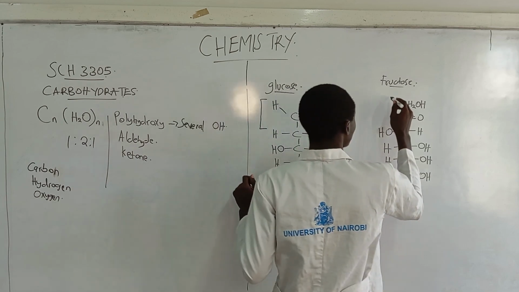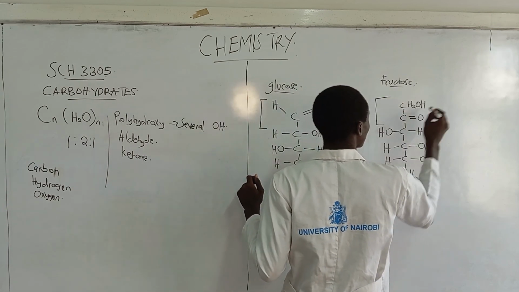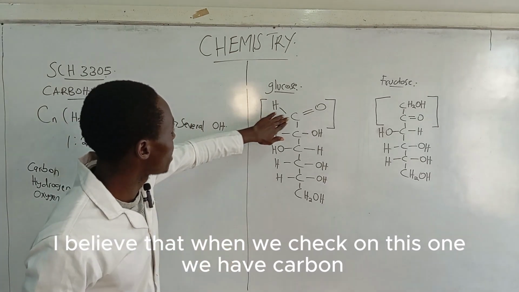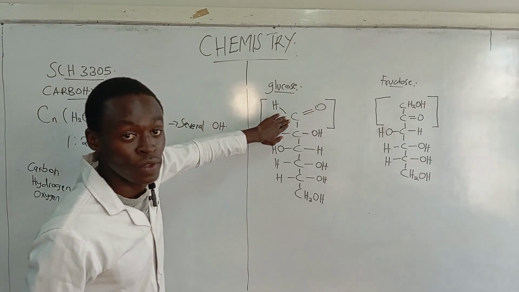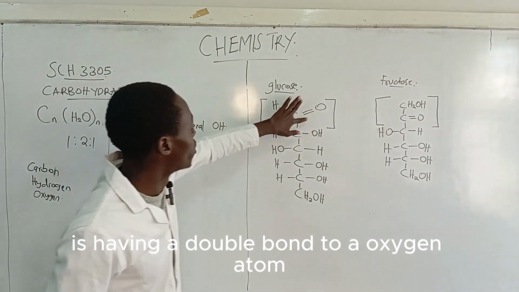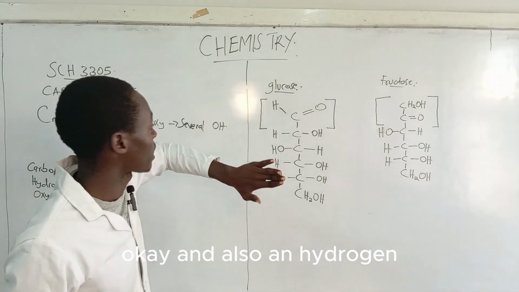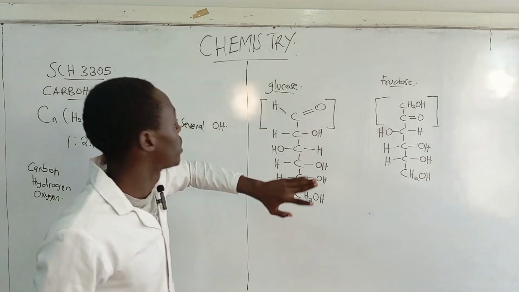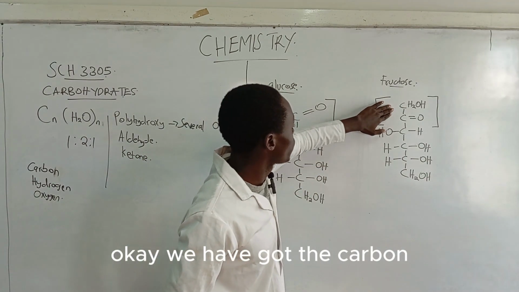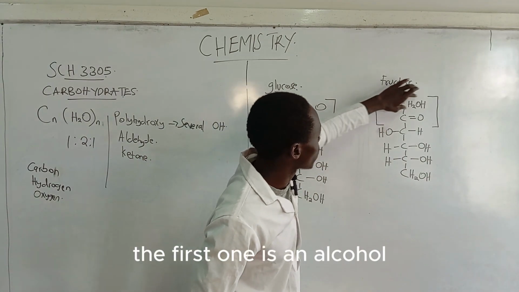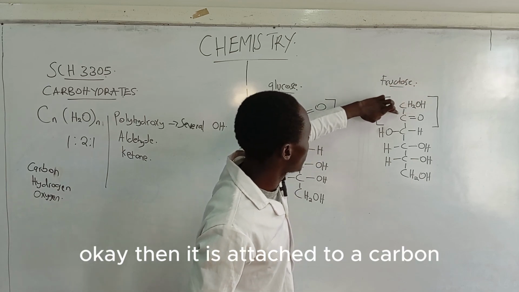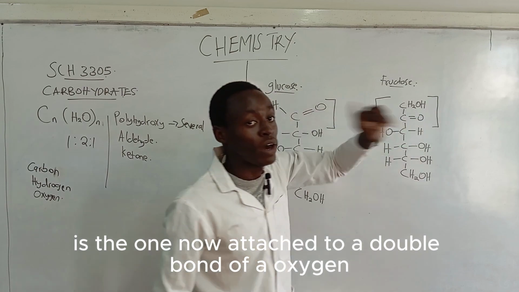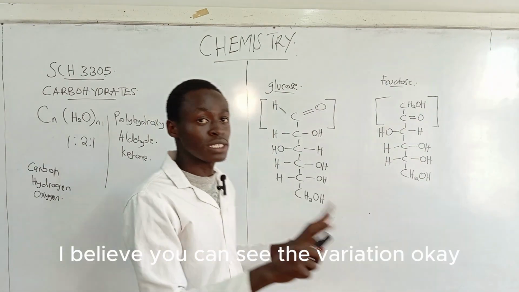The first carbon has a double bond to an oxygen atom, and also a hydrogen, then it is attached to another carbon. On the other one, the first carbon is an alcohol, then it is attached to a second carbon, which is the one attached by a double bond to oxygen. I believe you can see the variation.